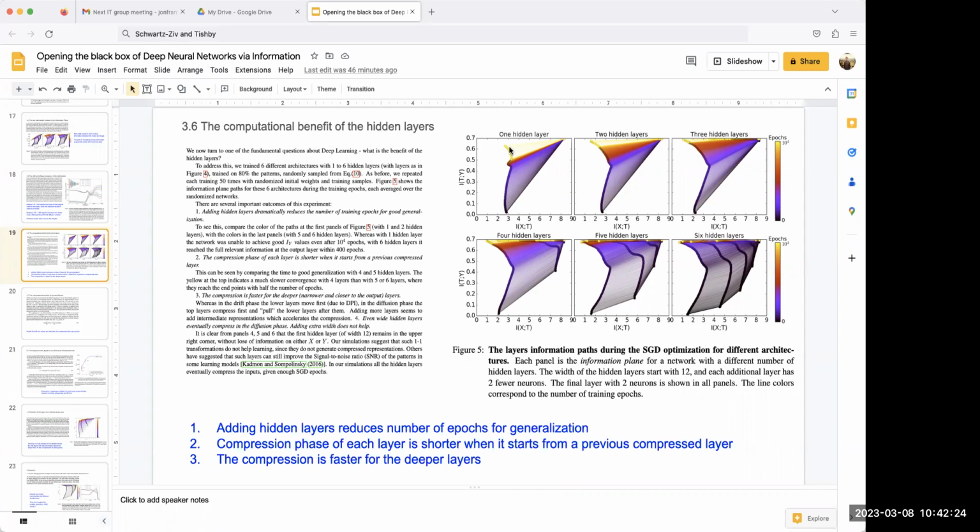Presumably across the different random initializations, some have higher mutual information with the target data. But as you increase the number of layers in your network, you consistently get up to the maximum amount of mutual information.